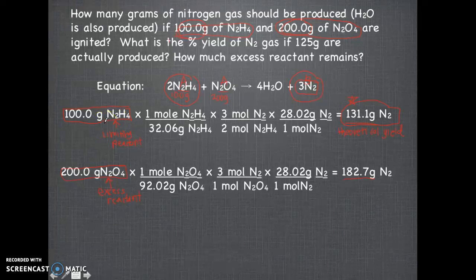Well, remember this, you actually do want to carry out the two stoichiometry setups. The 100 grams versus the 200 grams happened to end up being the limiting reactant, but a bigger indicator of what is going to actually limit your chemical reaction is this guy right here, your mole ratio.